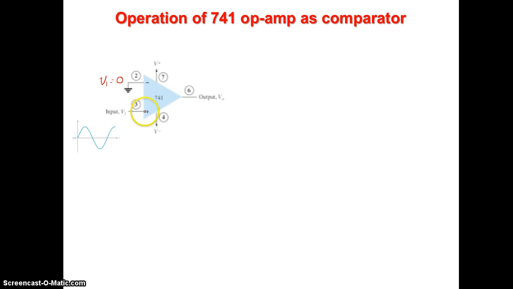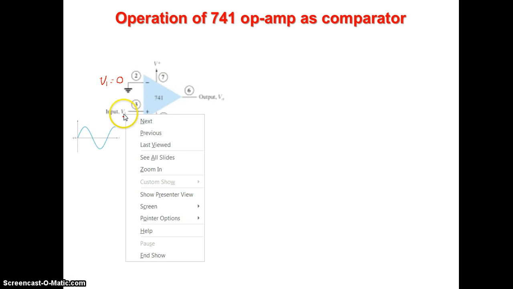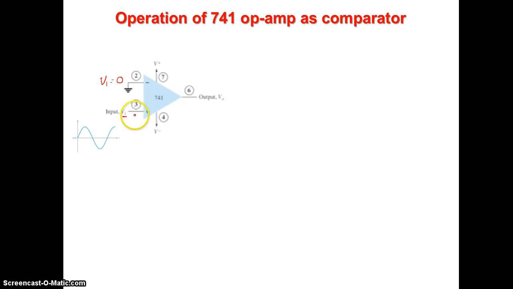Now the input I am applying to the non-inverting terminal is a sine wave, which I represent by V2. So V1 is the voltage at the inverting terminal and V2 is the voltage at the non-inverting terminal.